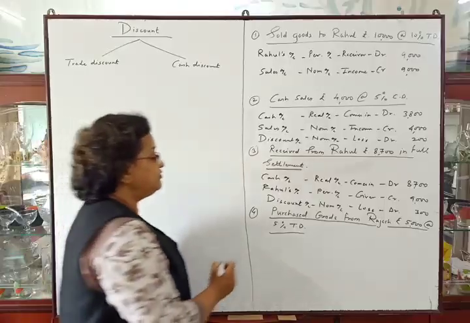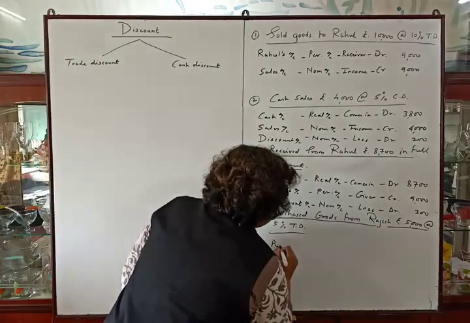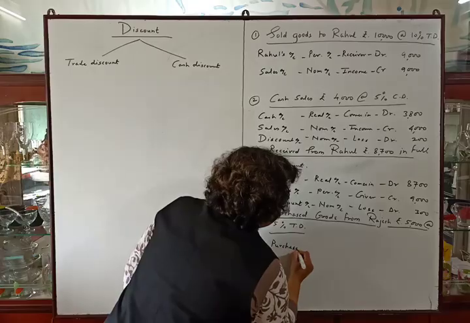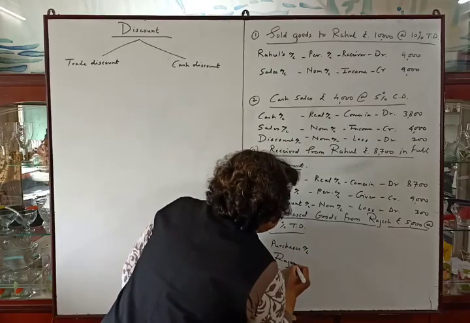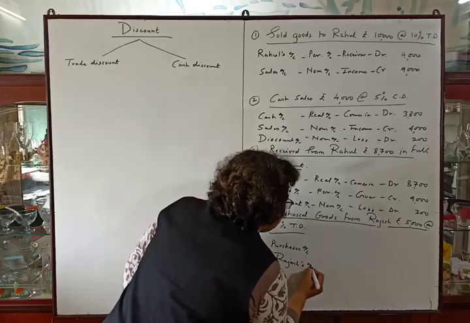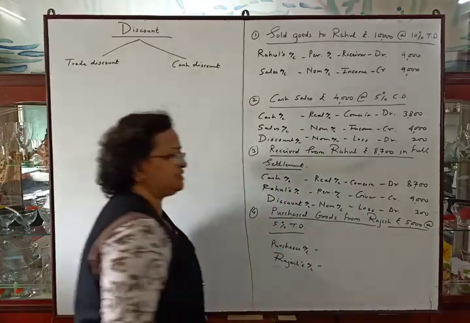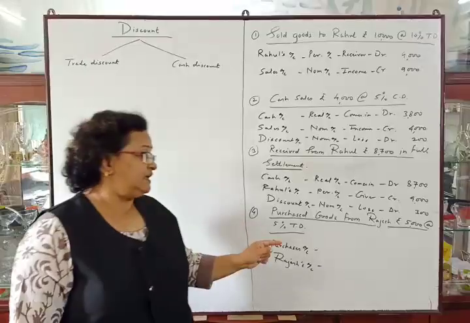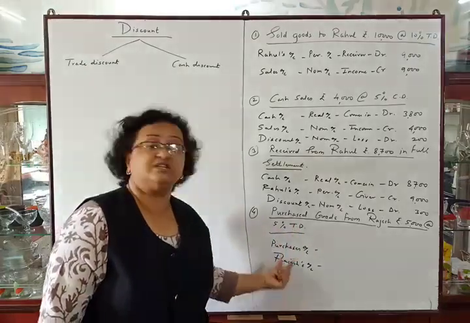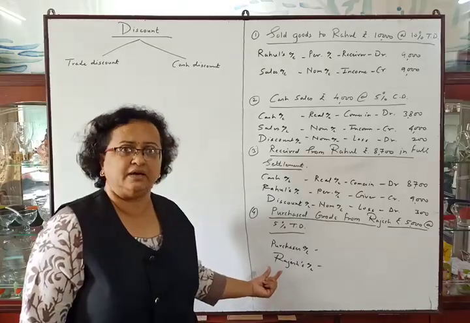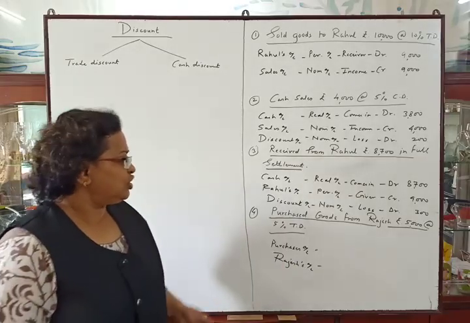So one account will be purchases account. And second account will be Rajesh account. As this is a credit transaction, we have to mention party's account here. And as the trade discount is allowed, we will not mention separate account in the entry.